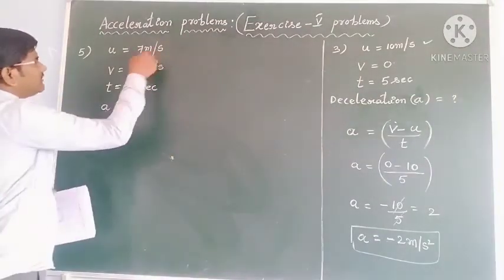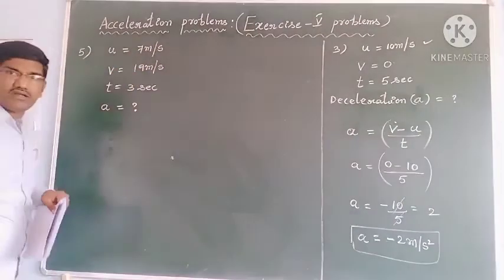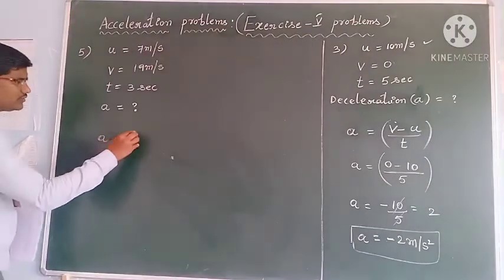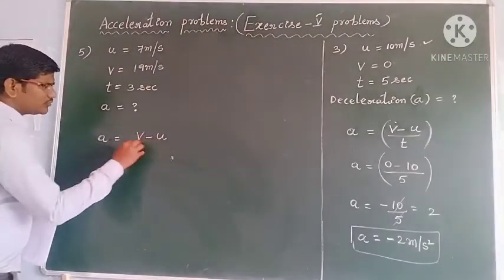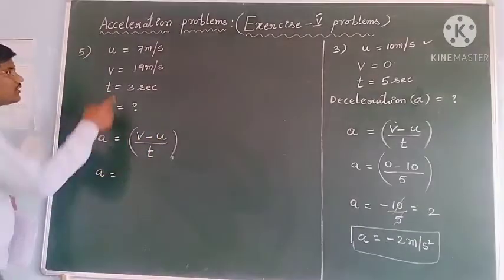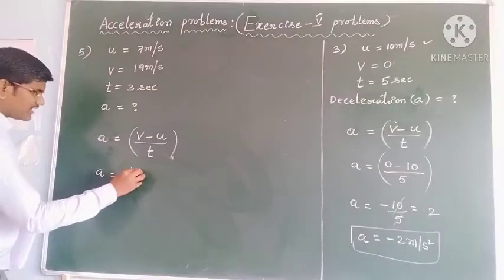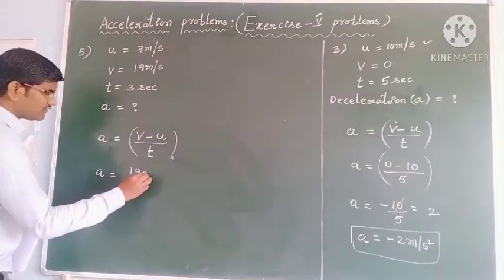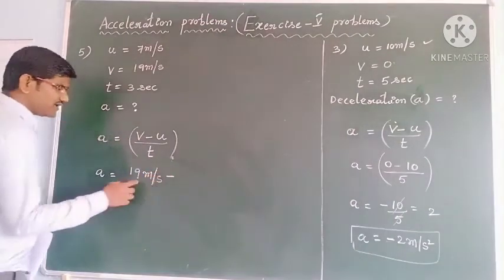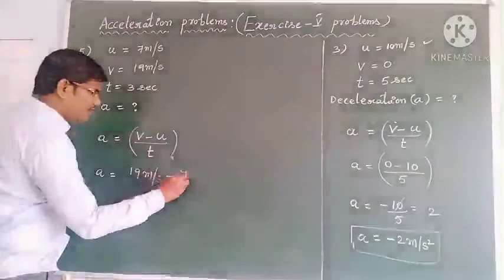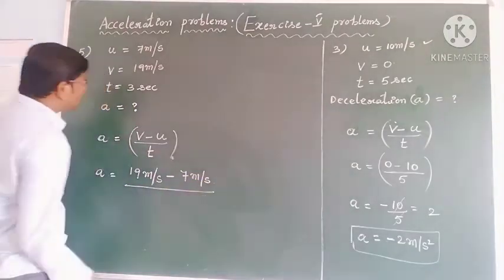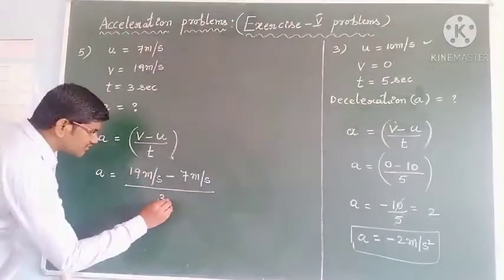So U is given, V is given, T is given, asking A. So what's the formula? A is equal to V minus U by T. Then A is equal to the V value, 19 meters per second, U value 7 meters per second, and the time 3 seconds.